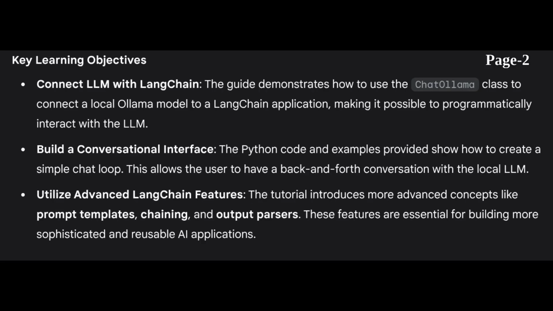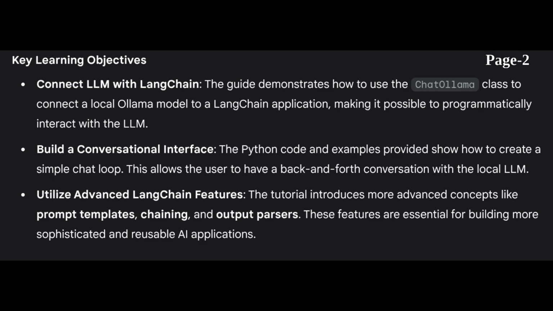Connect LLM with LangChain. The guide demonstrates how to use the ChatOllama class to connect a local Ollama model to a LangChain application, making it possible to programmatically interact with the LLM. Build a conversational interface. The Python code and examples provided show how to create a simple chat loop.